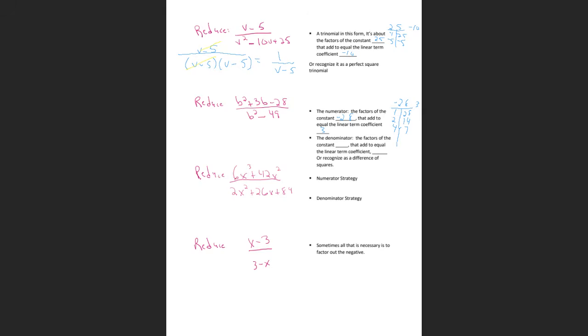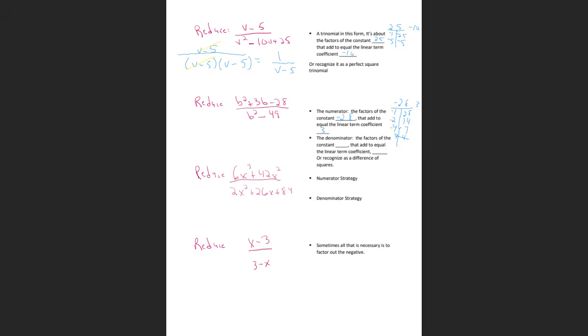6 is not going to work. 7 and 4, that's just repeating. But notice how I need a -28, so one of these has got to be negative. But the key is the coefficient's got to be 3. So I need to get a 3 here. So what we pick up on then is, since I need a positive 3, the left side has to be negative.